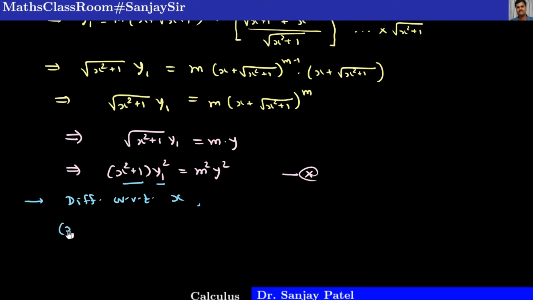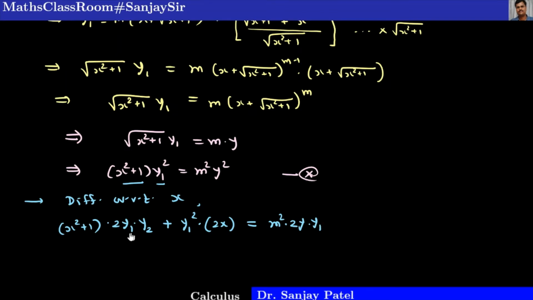So first I am keeping x square plus 1 as it is. Derivative of y1 square is 2 into y1 and derivative of y1 is y2. Plus now y1 square as it is, and derivative of x square plus 1 we can write as 2x plus 0, that is 2x. On the right hand side we have m square into y square. So m square is a constant in multiplication, will remain as it is. Derivative of y square is 2y into y1.